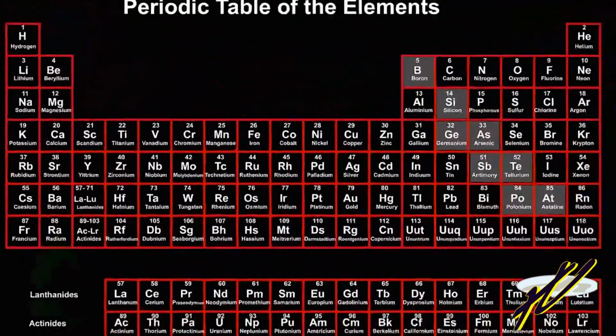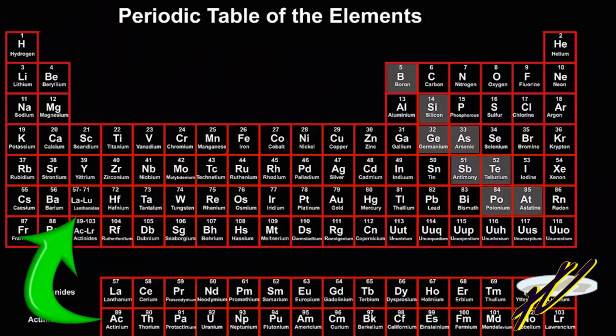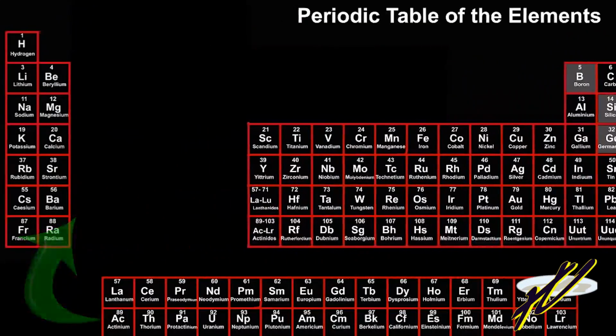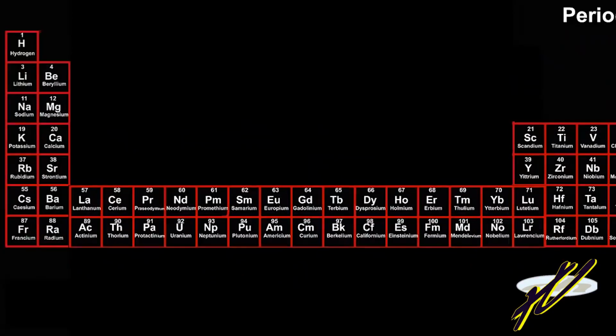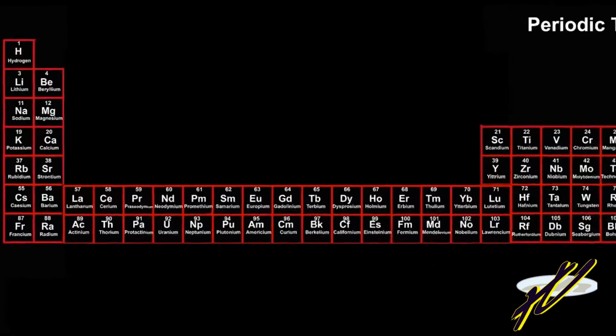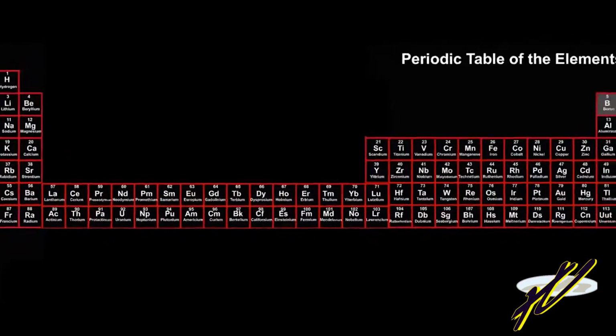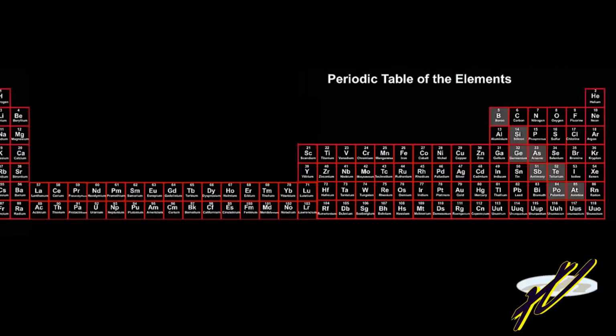To slot them in, we have to make the periodic table wider. This full table is more accurate, and some versions are printed this way. This layout also makes it easier to see how many elements are in each row.